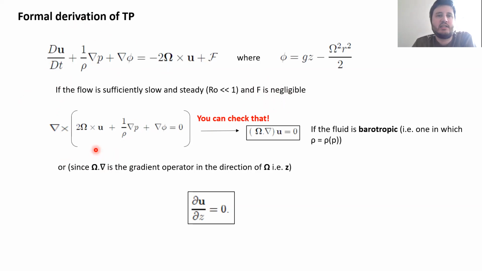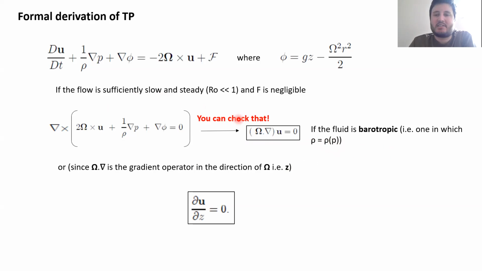Then we can see that if we take the rotational of this expression, it gives us this expression here. Basically, what this expression tells is that the divergence of the geostrophic flow in the direction of omega, of the angular velocity, equals 0 if the density is only a function of p.